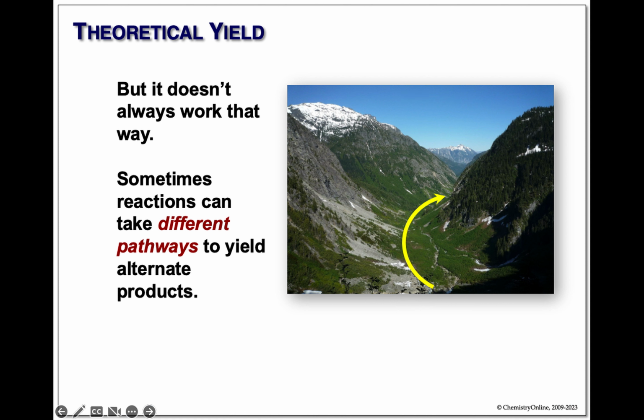Well, there's always going to be some strange guy that's going to say, I'm not going that way. I'm going to go this way. They're called parallel reaction pathways. Different energies, but they always happen.